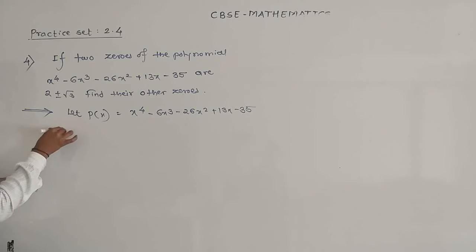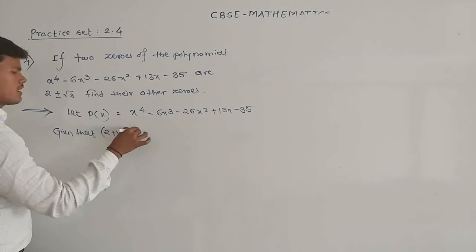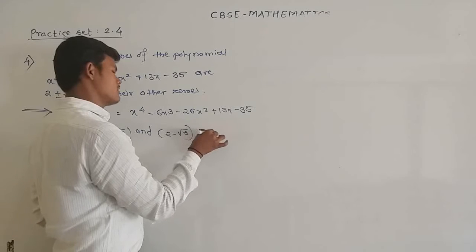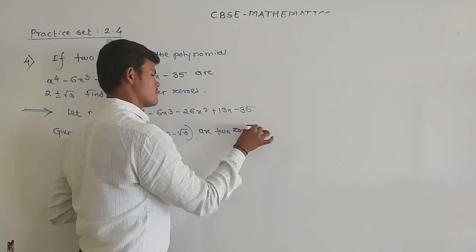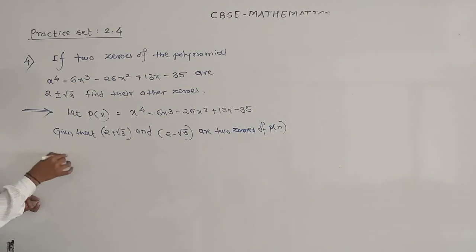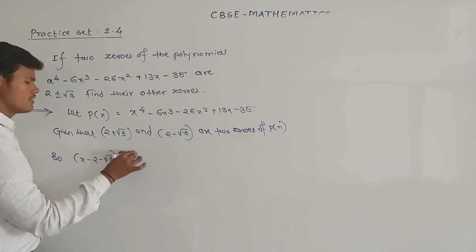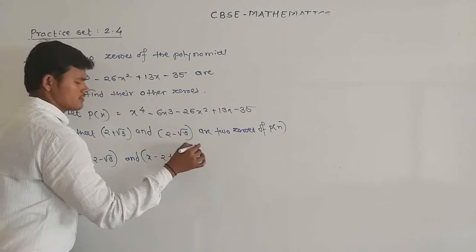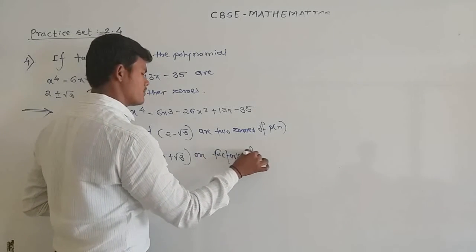Given that 2 plus under root 3 and 2 minus under root 3 are two zeros of the polynomial p of x, so x minus 2 minus under root 3 and x minus 2 plus under root 3 are factors of p of x.